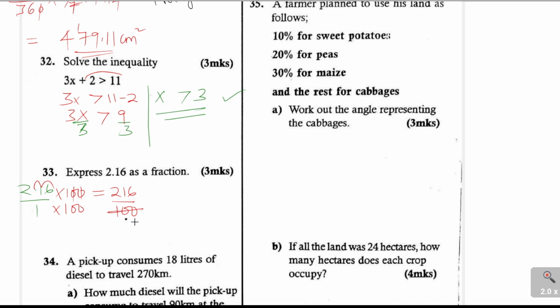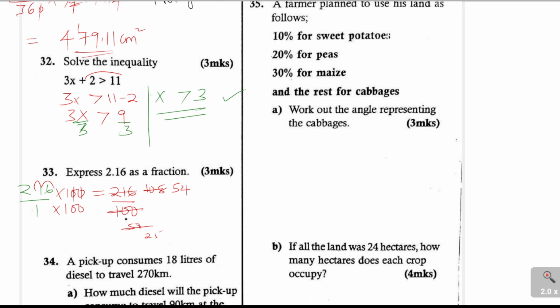So simplify by 2: 100 becomes 50, 216 becomes 108, then by 2 again, 25 and 54. Let me see whether you can simplify that further. So I have 54 divided by 25.